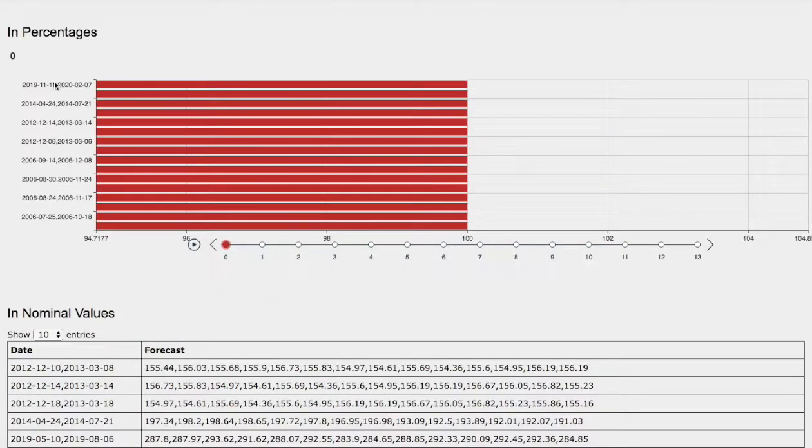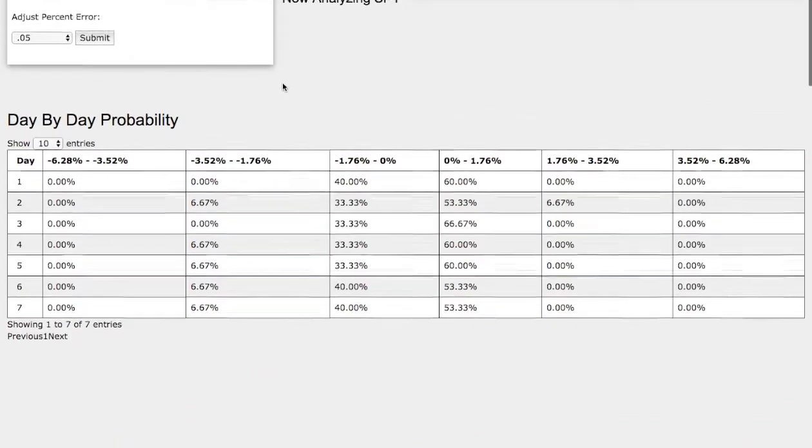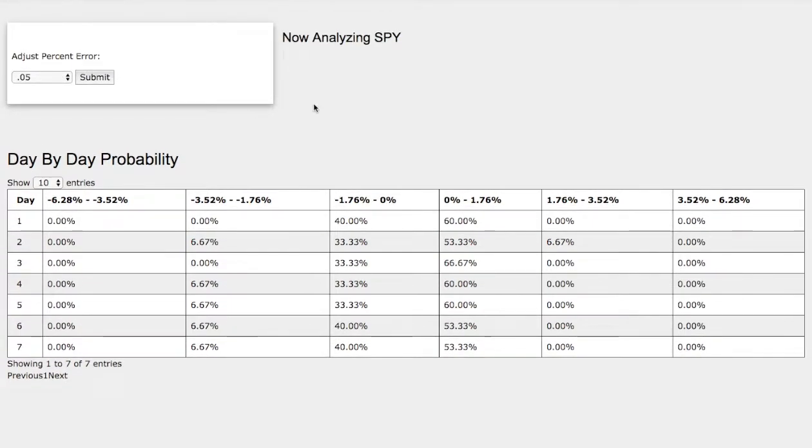So, back to the day-by-day forecast model, or day-by-day probability model. As the day progresses, we have a slight favor to the upside, with a 53% chance of between 0 to 1.7% to the upside.